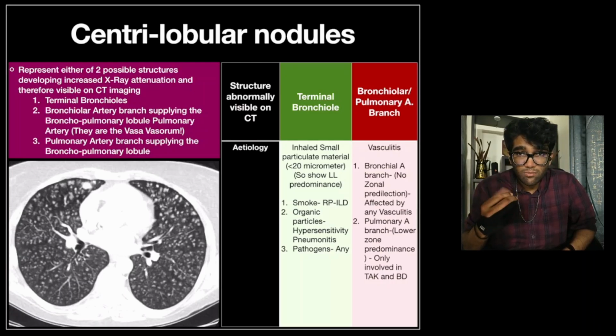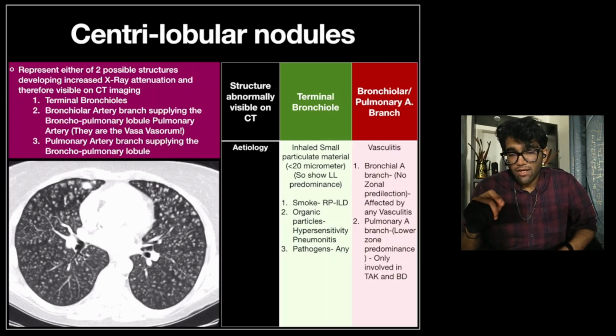So what would reach the terminal bronchioles? Structures or particulate matter that is less than 20 micrometers in diameter often is inhaled deeper into the lungs. For example, smoke or small organic particles like you find with hypersensitivity pneumonitis, or any infective agent, because all of them are microscopic, end up reaching this area.